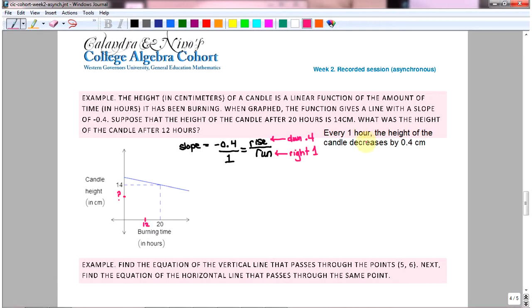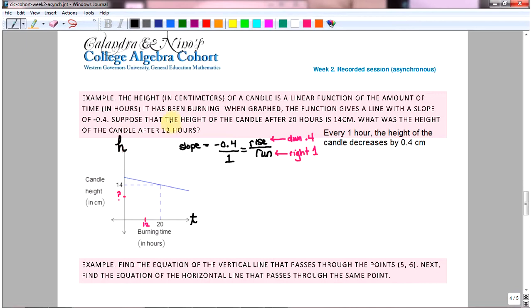Okay. Well, we're trying to figure out what is the height of the candle after 12 hours. If we knew an equation of the line that represents the burning time, and why don't we use the variable t? You can use x, but often when you have an applied problem and x represents time, the variable t will be used instead of x. And for the candle height, instead of y, why don't we use h?